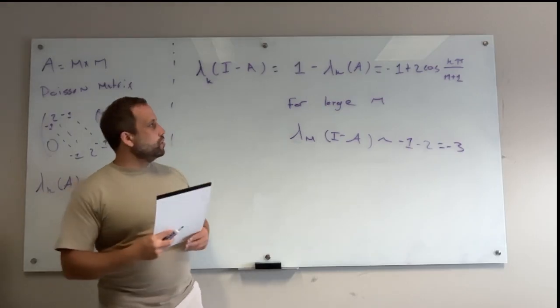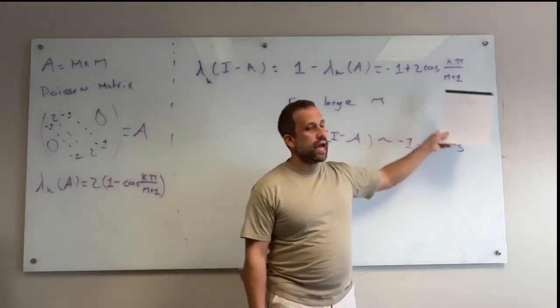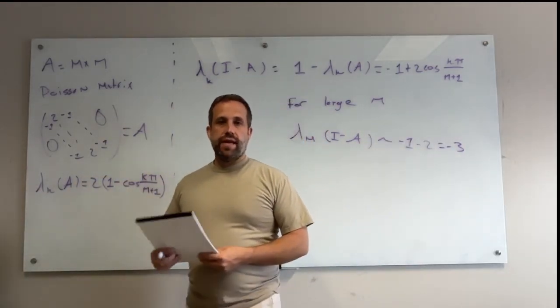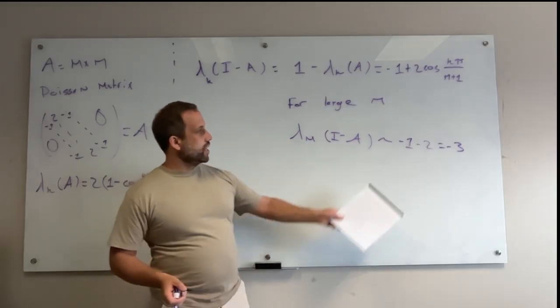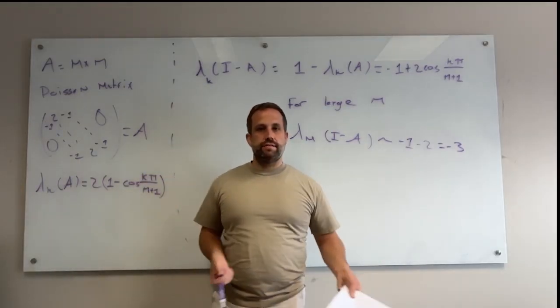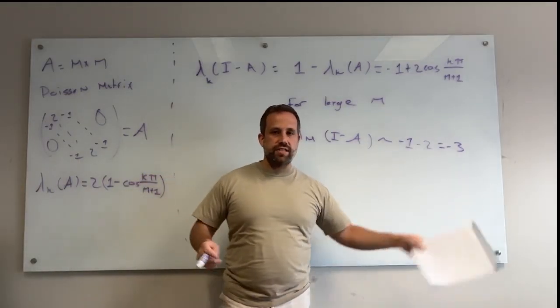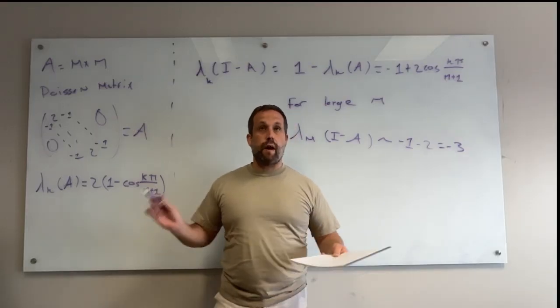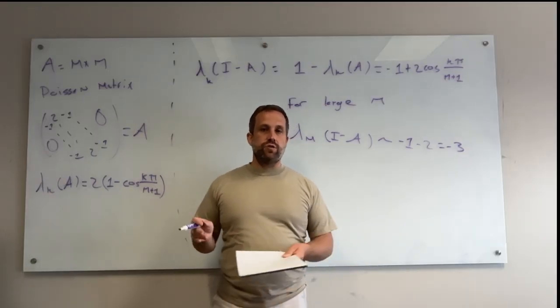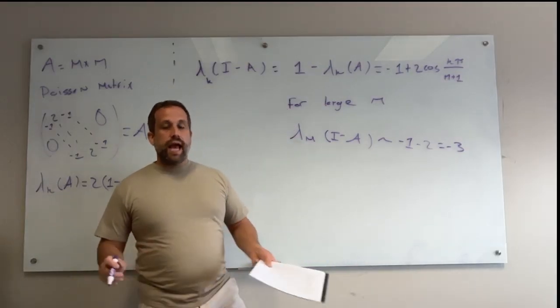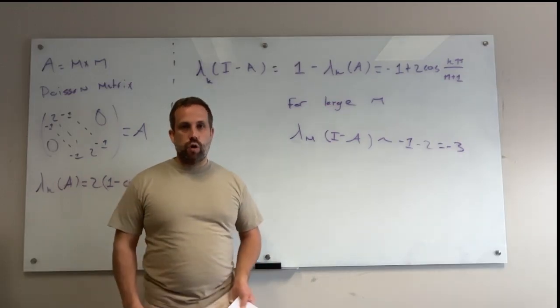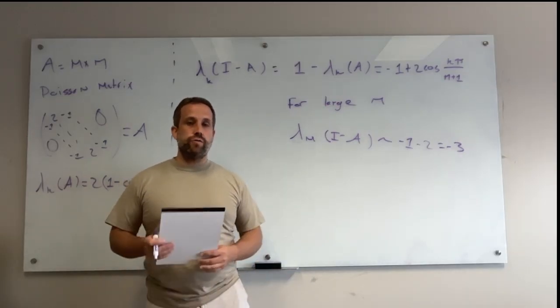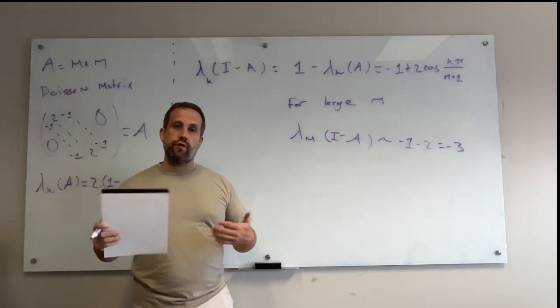Because most of these eigenvalues are going to be negative, and so we're going to get -1 plus a negative number, or -1 minus a positive number. Anyways, it's going to be less than -1, in which case the absolute value of the eigenvalue is going to be greater than 1.